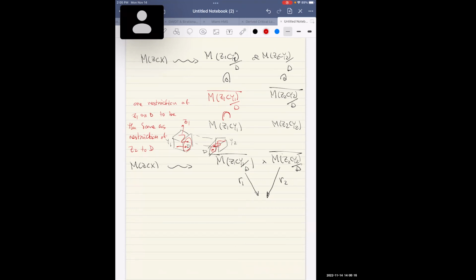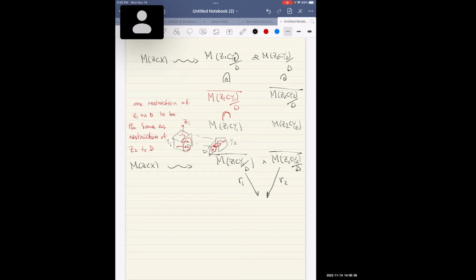So you want to match the points with each other. So all you're trying to do is, if I look at these moduli spaces and I restrict to D, the picture I'm looking at on D is a configuration of points. Now that I know my curves are transverse, I'm looking at configurations of points.